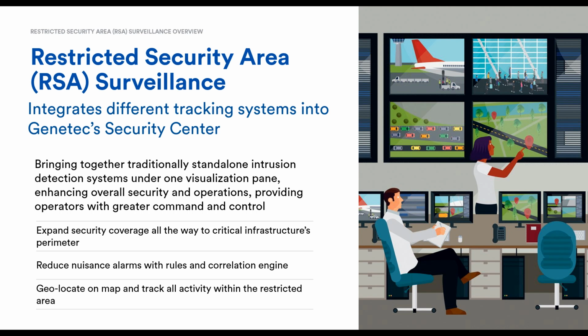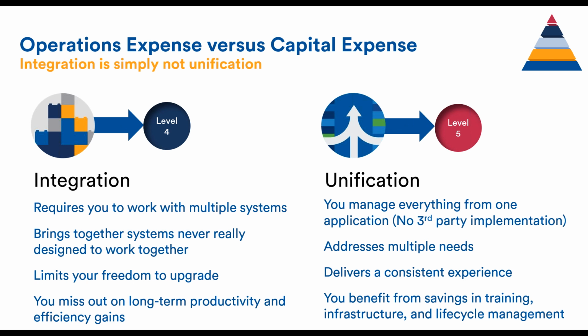So that's the perimeter of the feature of the RSA module. And most importantly, what it does is it really leverages the value of unification of the different technologies over the more simple integration. And I think it's worthwhile that I spend just a few minutes establishing again here the difference between integration and unification.